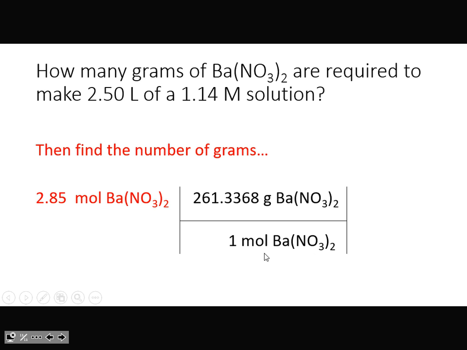My conversion factor on the bottom is 1 mole of barium nitrate. Do I get a cancel? Yes, I do. Okay, so my label now is going to be grams of barium nitrate. When I do the math, 2.85 times 261.3368, I get a value of 745 grams of barium nitrate. 3 sig figs, that's why I've rounded it to 745.